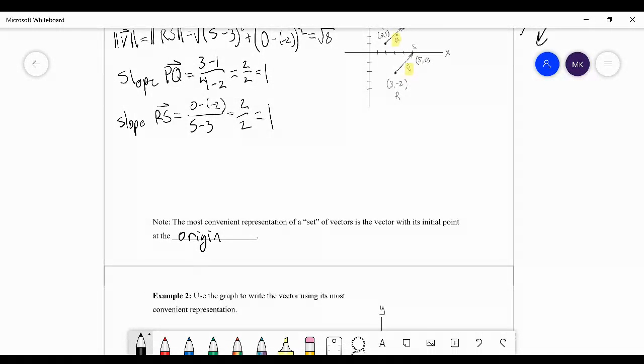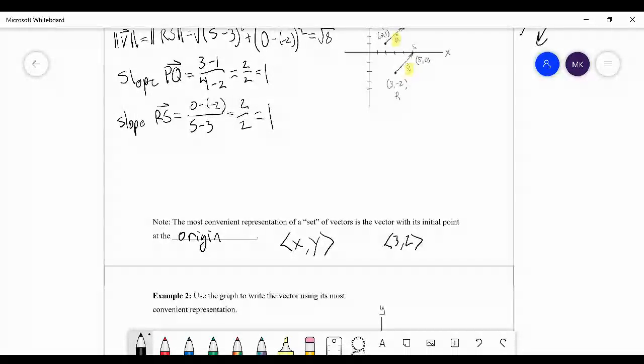And the standard convention that we would write this vector is with these kind of angled brackets like this. So if I wrote something like, say, 3, 2, this would be the vector starting at the origin that ends at the point 3, 2.